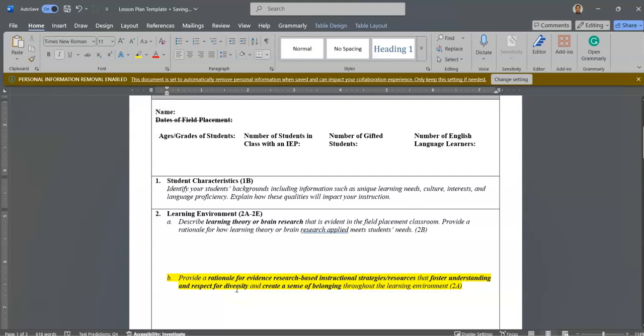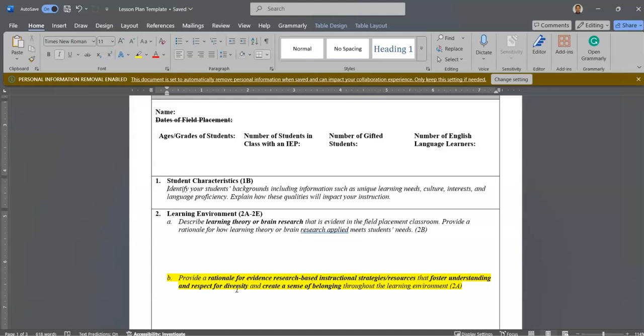And again, here we might talk about culturally relevant pedagogy, but we haven't really talked about that yet, and we're really interested in technology. So how is your use of technology respecting diversity and fostering respect for diversity?